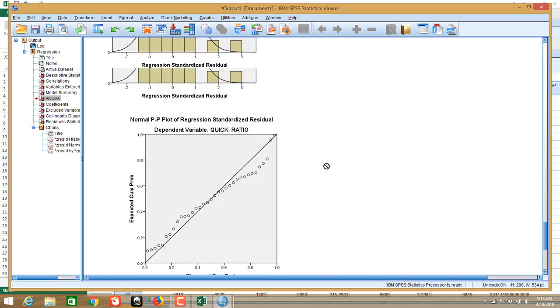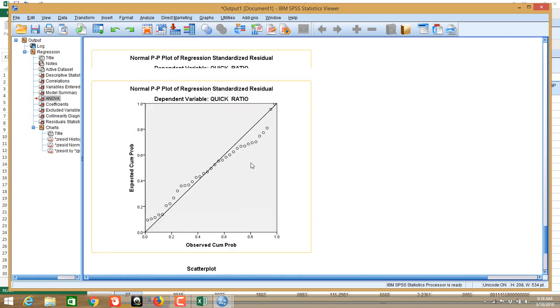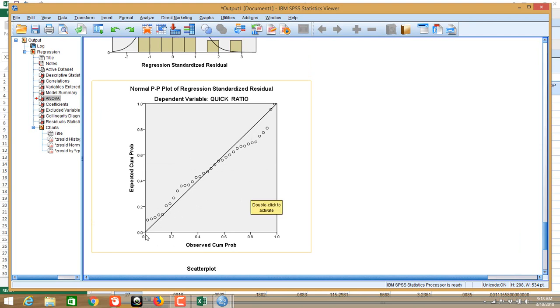All right, and then this is the table that shows you whether your data is normal or not. These dots have to fall on this diagonal line. The best is when all these data points fall on this line, meaning it is perfectly fitted.